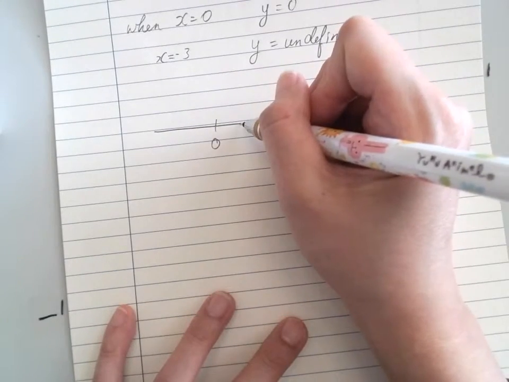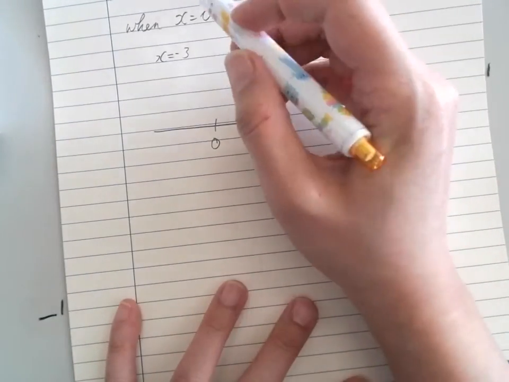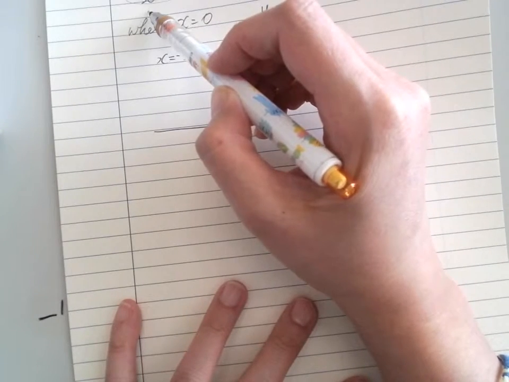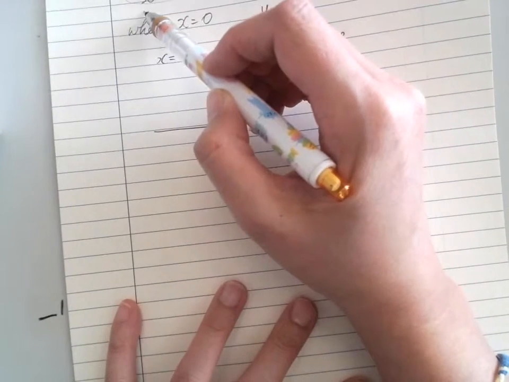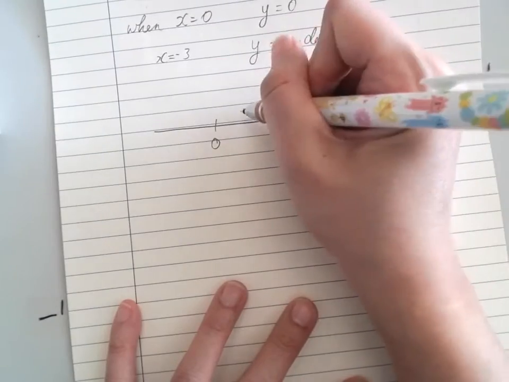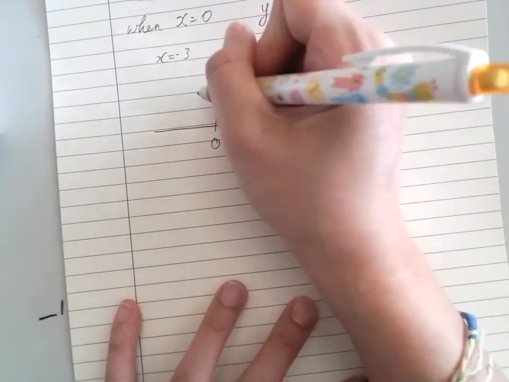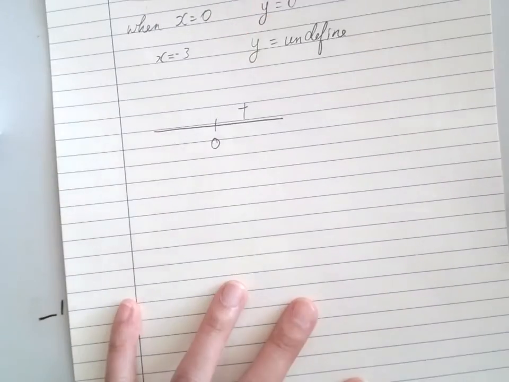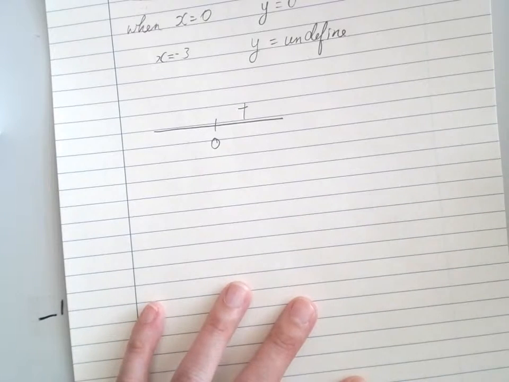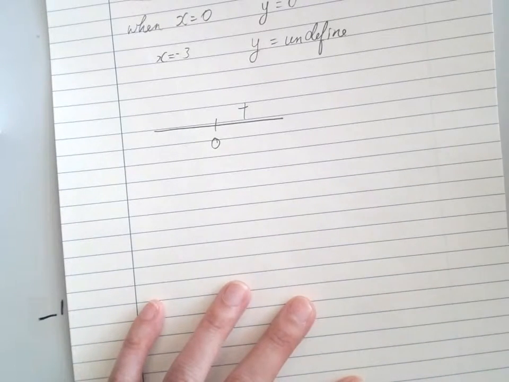And then we're thinking of if x equals 1, it's a positive. So this side is positive and this side is negative. So what we're going to do is think about what is going to be undefined and solve it first, and then we take a look and peek at where it is.